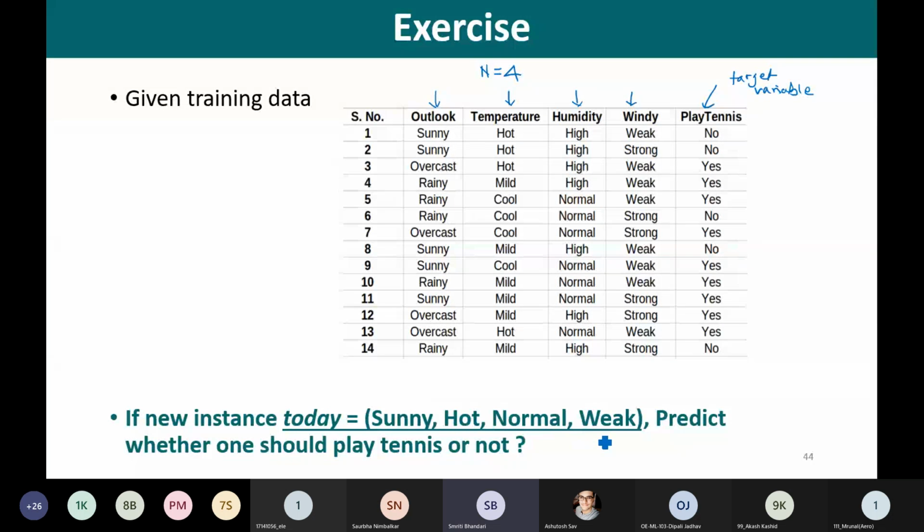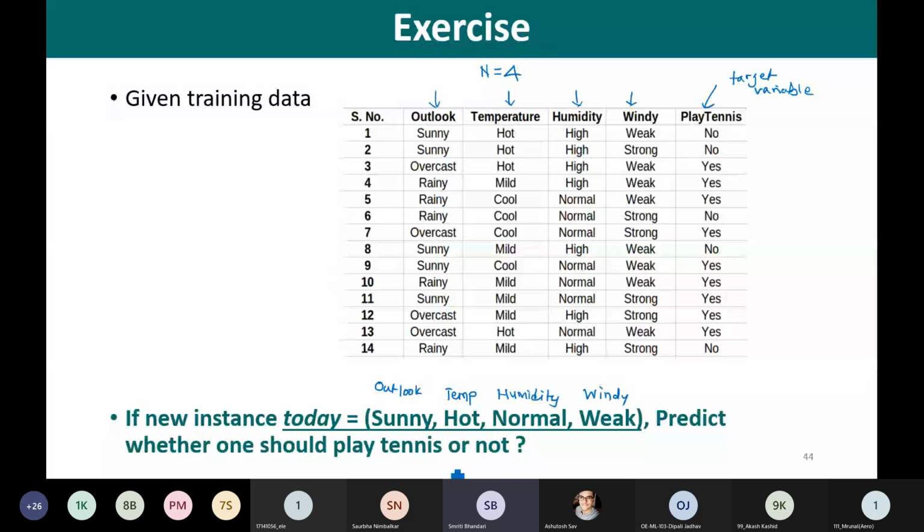So if outlook is sunny, temperature is hot, humidity is normal and winds are weak, then we would like to predict whether one should play tennis or not.